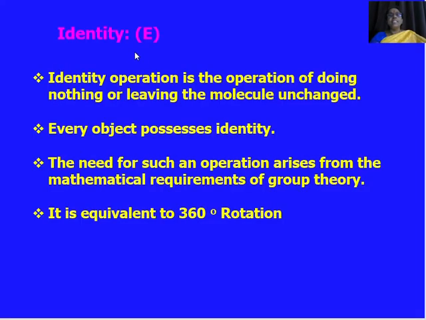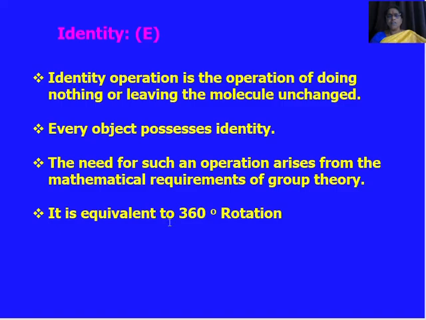We will see identity first in detail. Identity operation is the operation of doing nothing or leaving the molecule unchanged. Every object or molecule possesses identity. The need for such an operation arises from the mathematical requirements of group theory, and it is also equivalent to a 360-degree rotation.